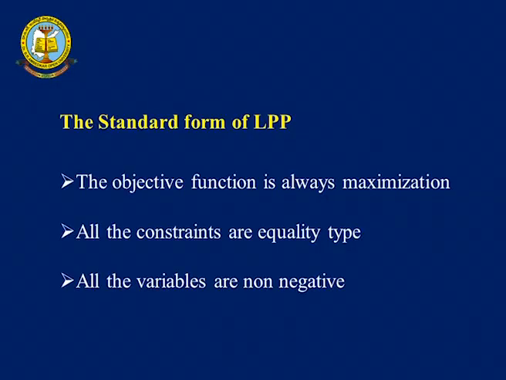When we say an LPP is in standard form, it means the LPP must follow three steps. First one, objective function. In the standard form of LPP, the objective function is always maximum z. Yes, I will repeat once again. In the standard form of LPP, the objective function is always a maximization function.